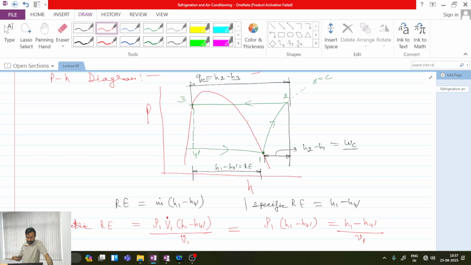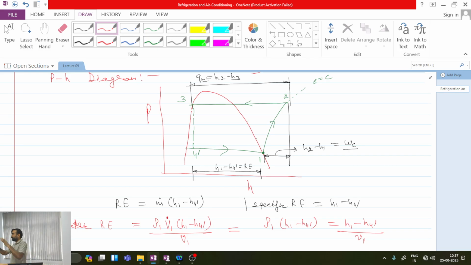Why is this important? Can you tell me why volumetric refrigeration effect is important? Ultimately, you have to design the size of the evaporator and the size of the compressor. How much volume flow rate the compressor should be able to handle will depend upon the volumetric refrigeration effect. At point 1, whatever the specific volume or density of the working fluid is, that will control, for a required mass flow rate, what volume flow rate the compressor should be able to handle.